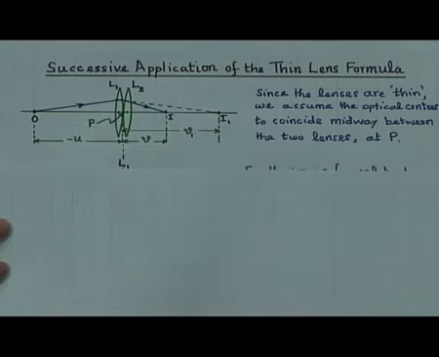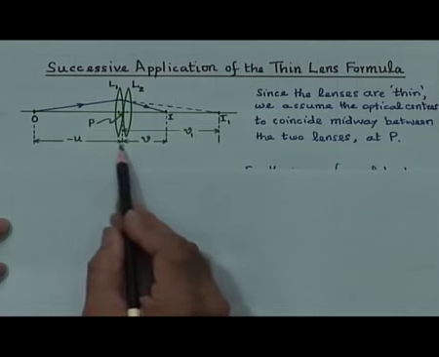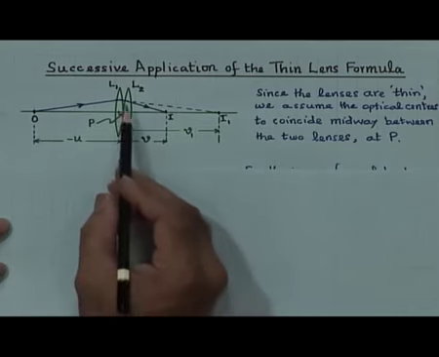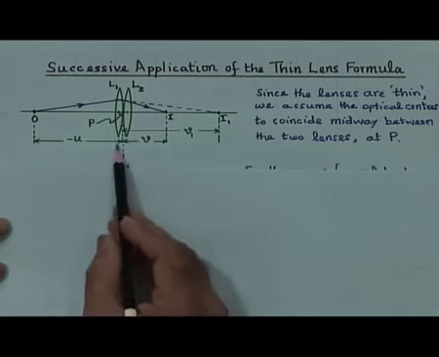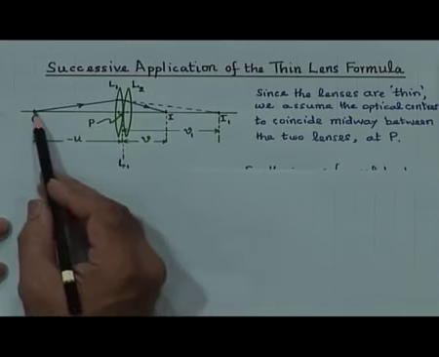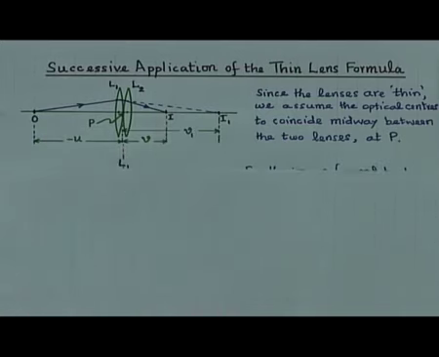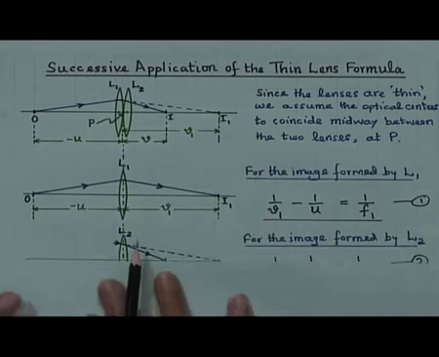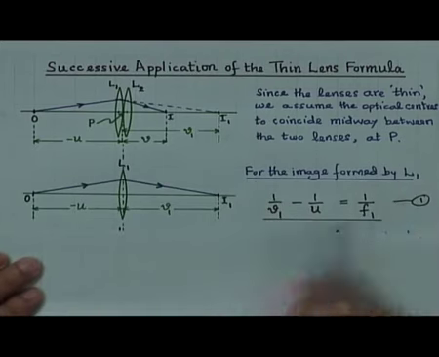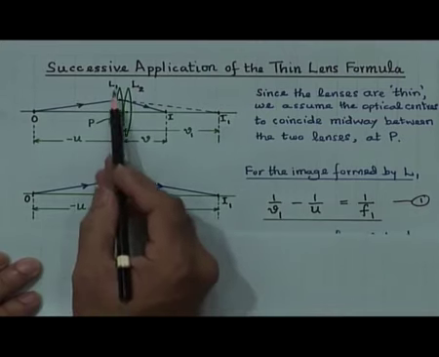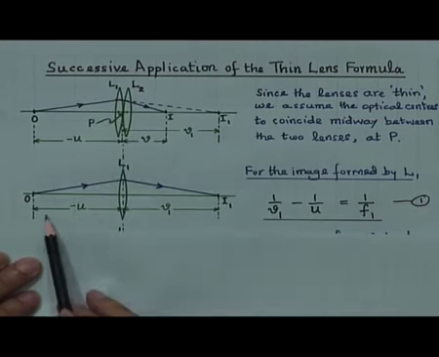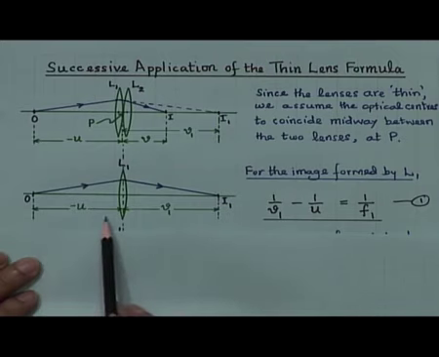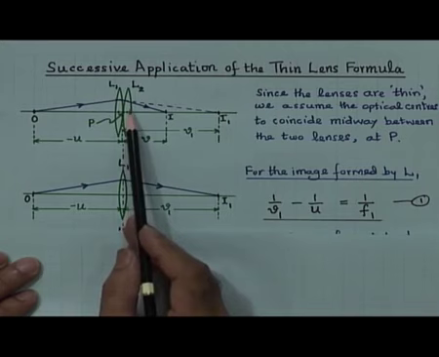So we assume that to be the center, so that this is the object distance and this is the image distance, the combination forming object distance, image distance. Object is here and image is here. Now first, for the image formed by L1, we first consider the image formed by the first lens. The object is here at minus u, and the image is formed here in the absence of the second lens.